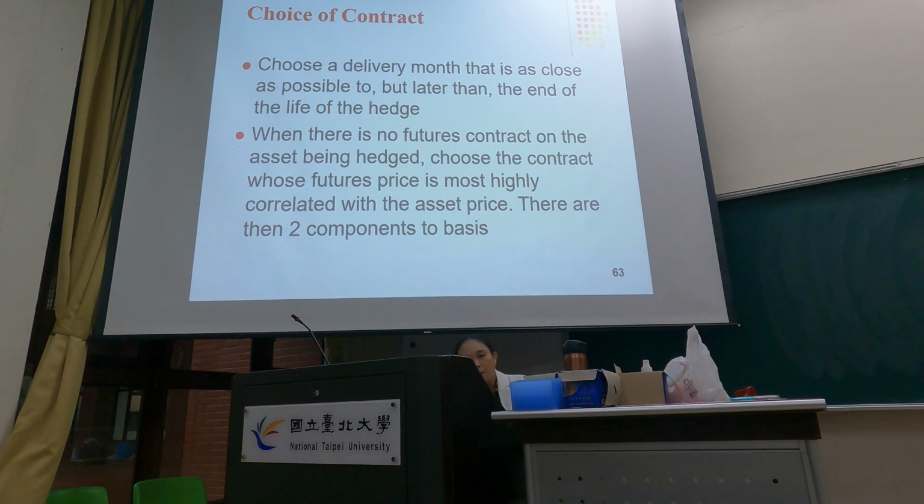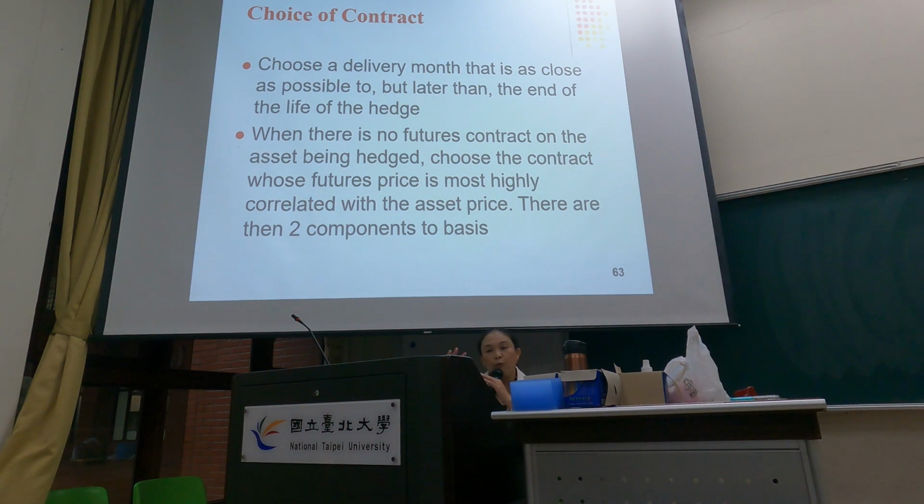For instance, if you are an airline company, the oil that you use is airplane fuel or petrol, right? However, if you go onto the futures market, maybe there is no futures on flight petrol, but there are futures contracts on heating oil, on crude oil, okay?